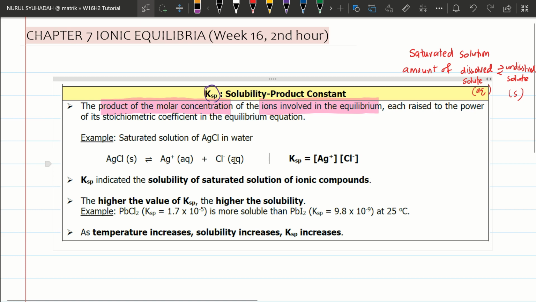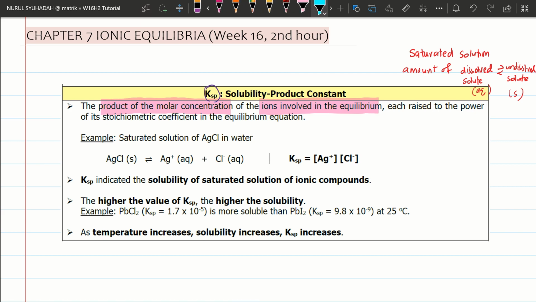And then, when we want to write down the KSP for AgCl, dia akan jadi sini lah. KSP equals to concentration of Ag plus times concentration of Cl minus. Okay, yang mana dekat sini sebenarnya kedua-dua adalah to the power of 1. Sebab apa? Stoichiometry dekat sini 1 Ag plus to 1 Cl minus. Okay, jadi mesti ada balance chemical equation.